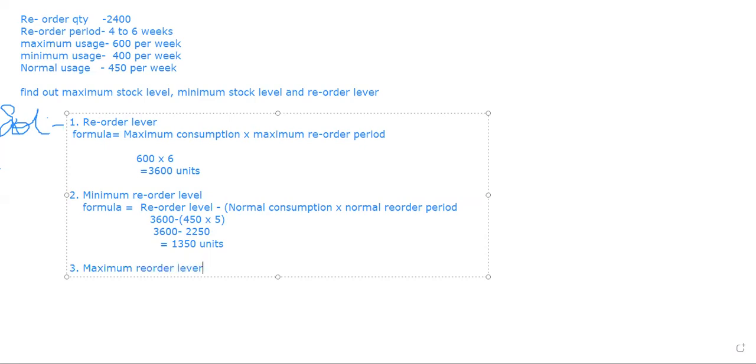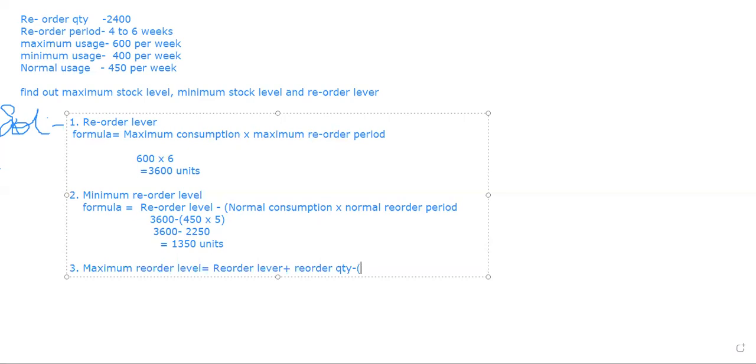Maximum reorder level. But please try to observe and understand. So in this one, maximum reorder level, again as usual, the reorder level is going to be important for us. So reorder level, then here one more will be added, that is reorder quantity, which was given on the first, 2400 points, that one. Then minus. Now I'm using a maximum, so maximum opposite is what? A minimum.